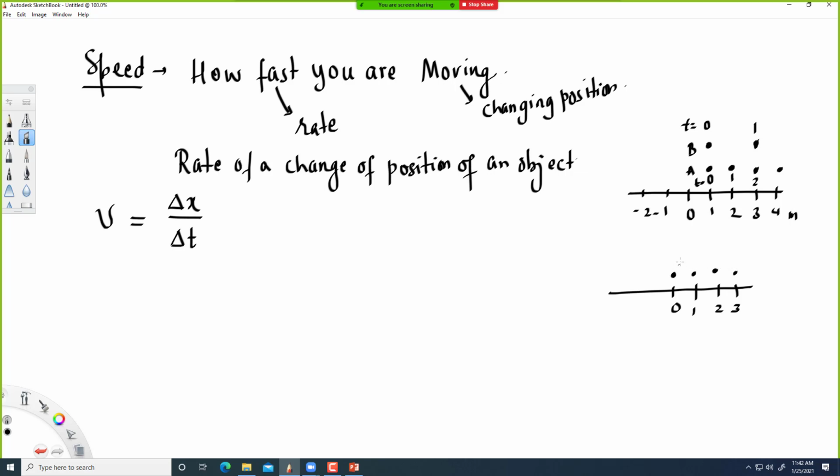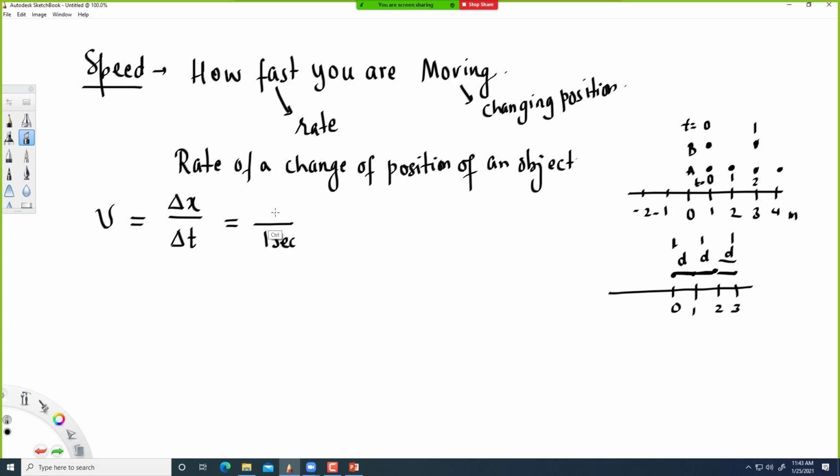So the change in position is d here, d here, and d here, and each of these is 1 second. So the change in position for each second is 1 meter, or let's just say d.